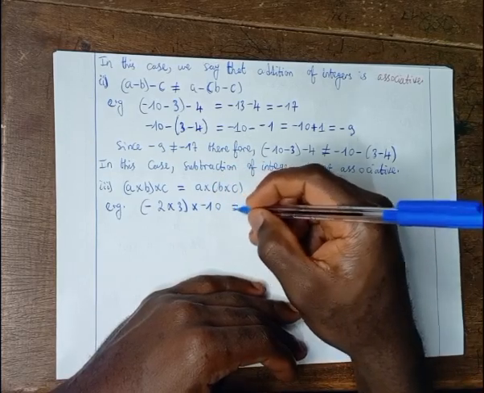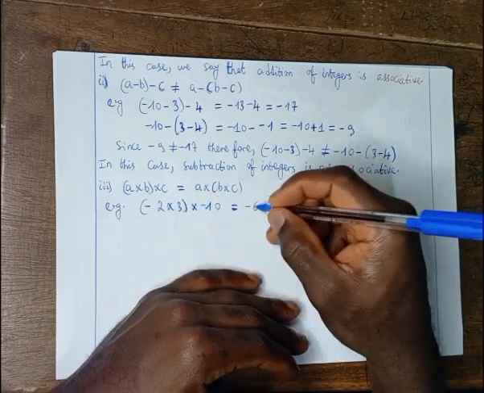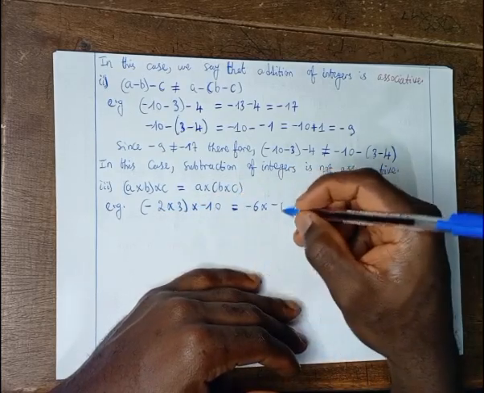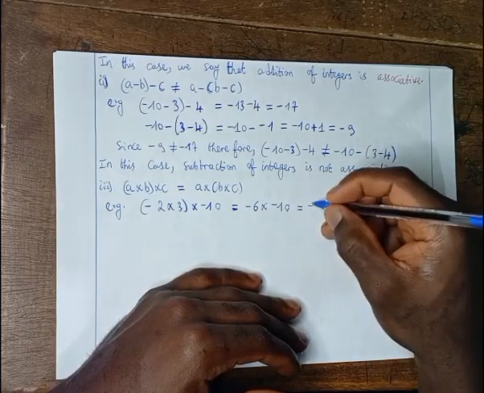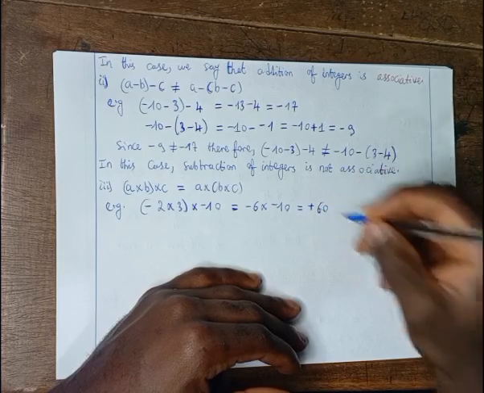Let's simplify this first. Negative 2 times 3 gives us negative 6 times negative 10. Now we have to multiply two negative numbers, so the result will be positive. 6 times 10 gives us 60.